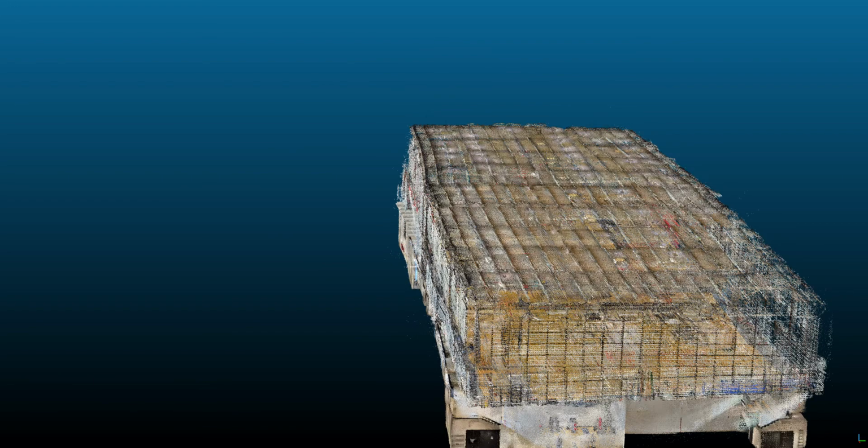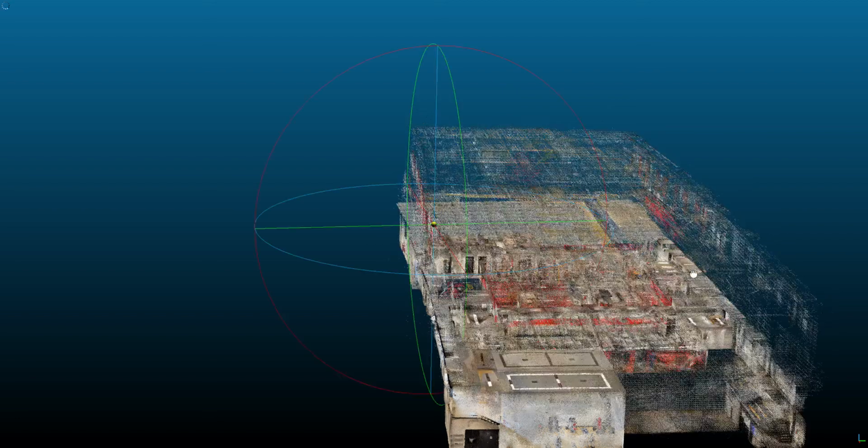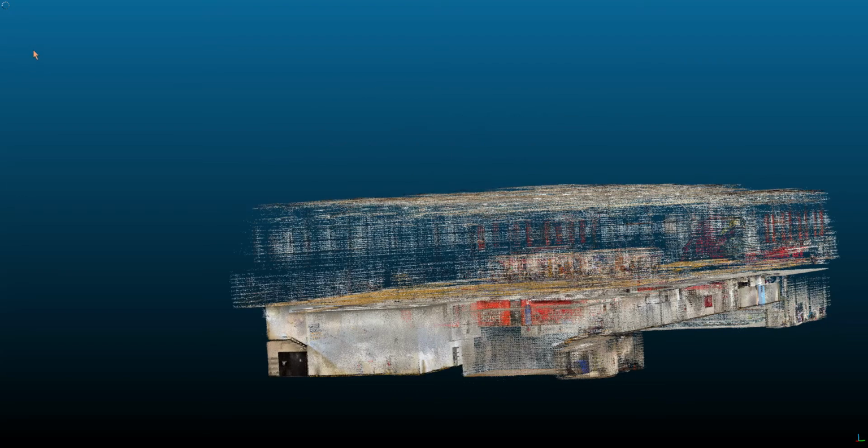But considering the amount of space that we had to scan on the second floor and the inaccuracies that we can expect with the iPad, it did turn out okay. Here's just a couple more angles, just to see that.